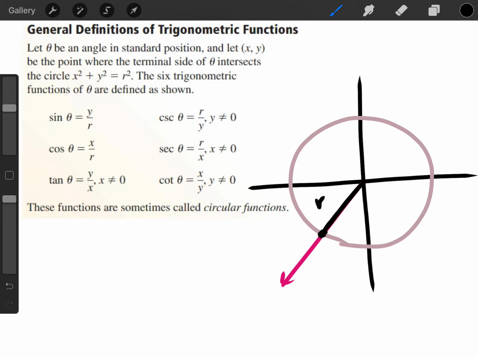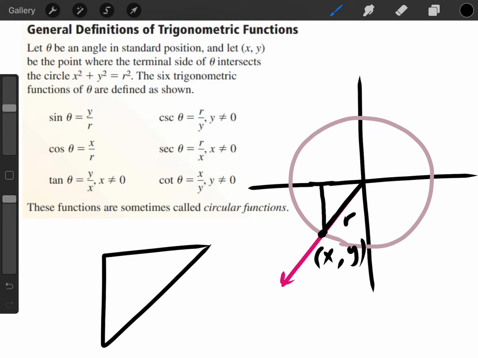Okay, R represents radius. And then the point of intersection, it's going to be a coordinate x, y. So if I give you guys a coordinate of x, y, you would know that. Sorry, let me put this r somewhere else. Okay, r right here. So you guys will draw this point one straight line to the x-axis and make it a triangle. Okay, this is the radius, which is the hypotenuse.